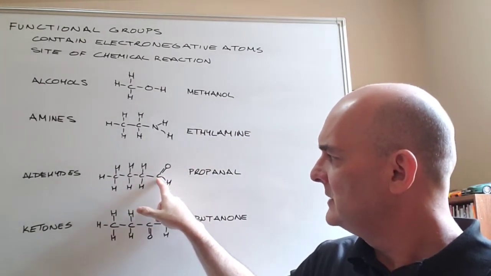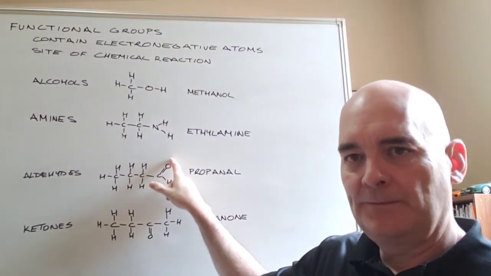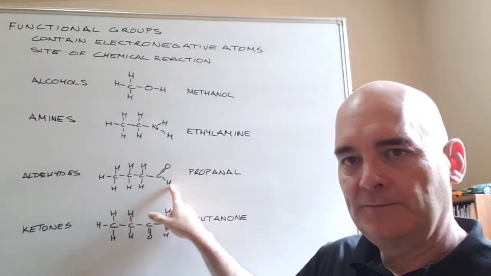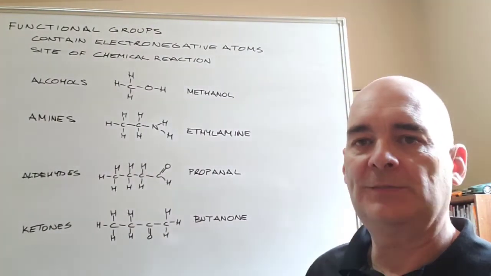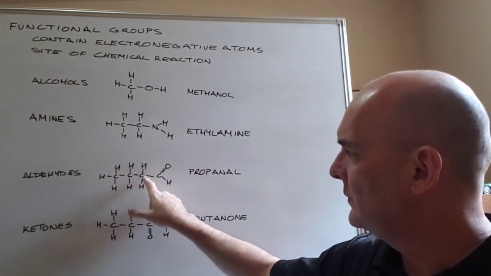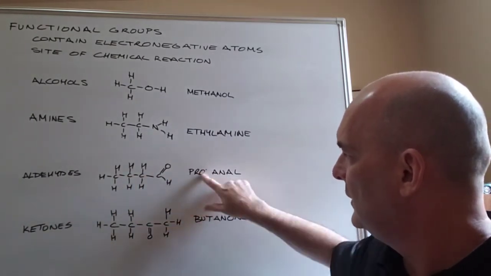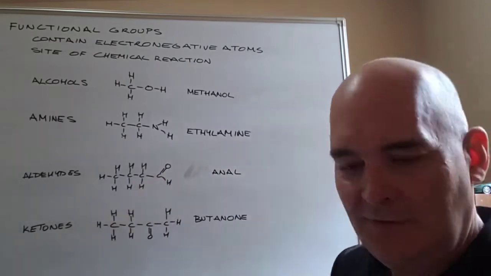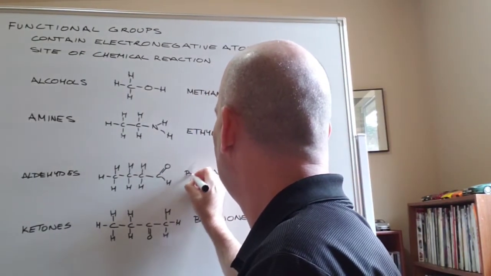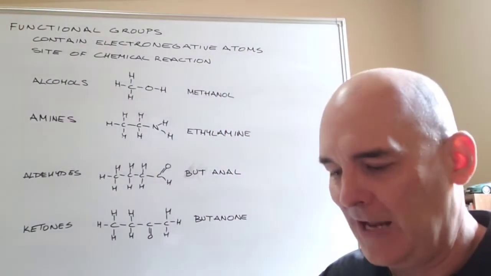Aldehydes contain a carbon that is doubly bonded to an oxygen, but also singly bonded to a hydrogen. Then the rest of the molecule just becomes the first part of the name. So 1, 2, 3, meth, eth, prop. Oh, I didn't include the carbon for the molecule itself. This is butanal for an aldehyde.